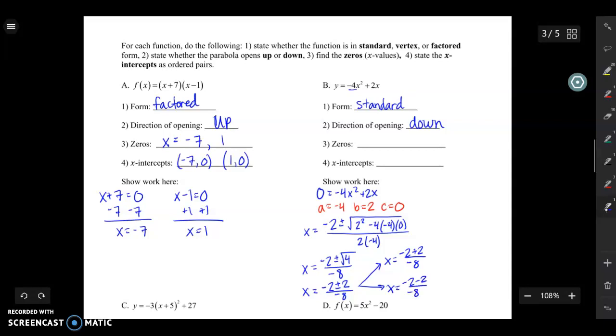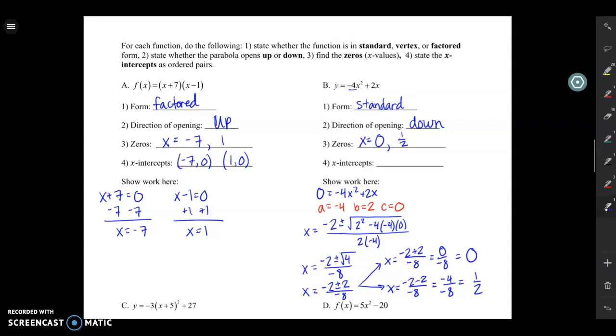If I simplify the top fraction, -2 plus 2 over -8 is going to just turn into 0 over -8, which is just 0. And then on the bottom, I've got -2 minus 2, which is -4 over -8, which simplifies to 1/2. So my two zeros are x equals 0 and x equals 1/2.